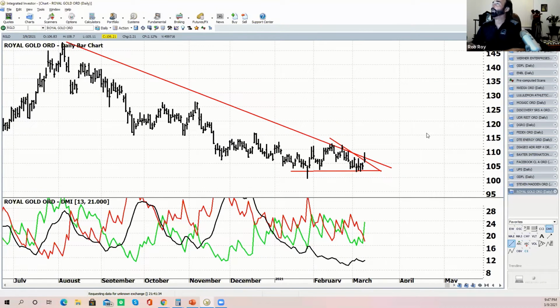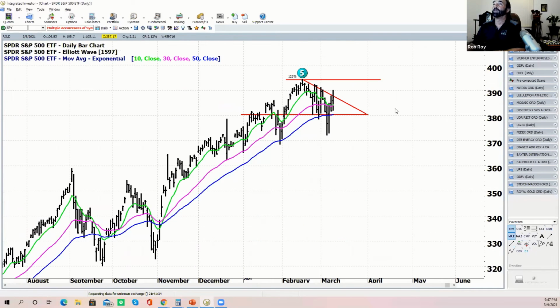All right, so with that, I'll take a few questions, and then we'll wrap things up. Can I advise on the SPY looking like an expanding triangle over the past few days? I still like the idea of this descending triangle.